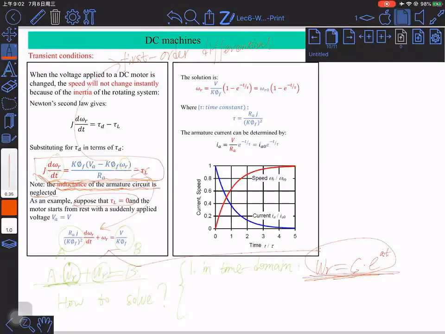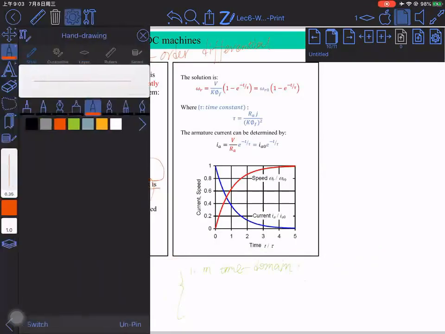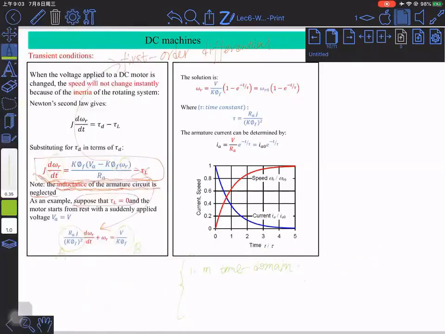But eventually, if you do this, you will find that the final form is not like this, but something very similar. That means you have to make another guess, and what we have in the time domain is something like this.